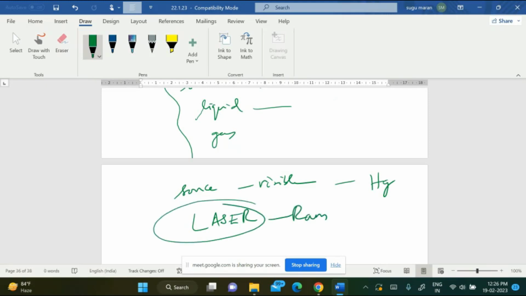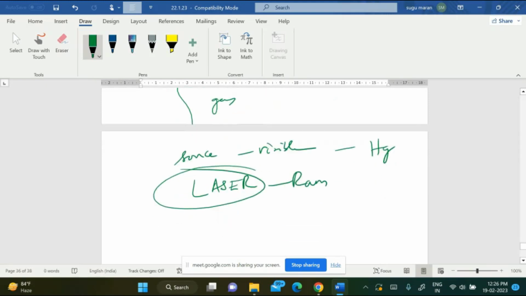The requirement of the source is monochromatic radiation, and lasers are monochromatic in nature. The other requirements of the incident radiation are also fulfilled by lasers, and the laser is visible light. So laser Raman spectroscopy is used.